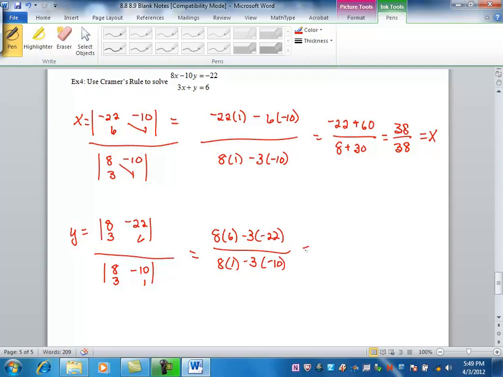Well, this time we get 48 plus 66 over 38. And so we've got 114 over 38, which gives me, wow, 3. So once again, we've got a solution of 1, 3.